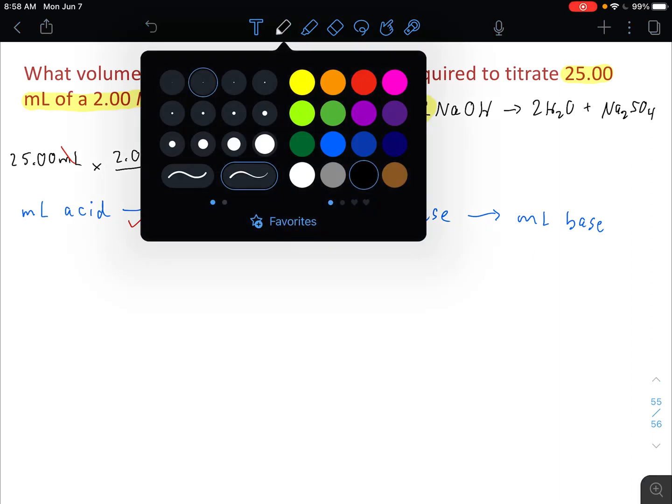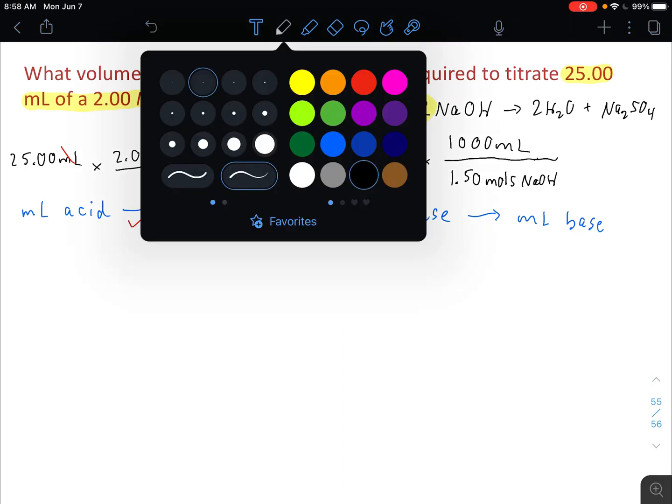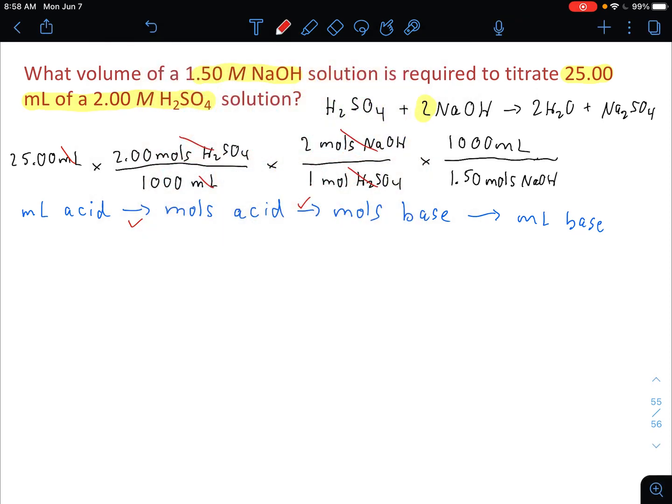Now I flip around the molarity. 1.50 moles sodium hydroxide in 1,000 milliliters. Cancel that out, takes care of our third step, and our answer will be in milliliters here.